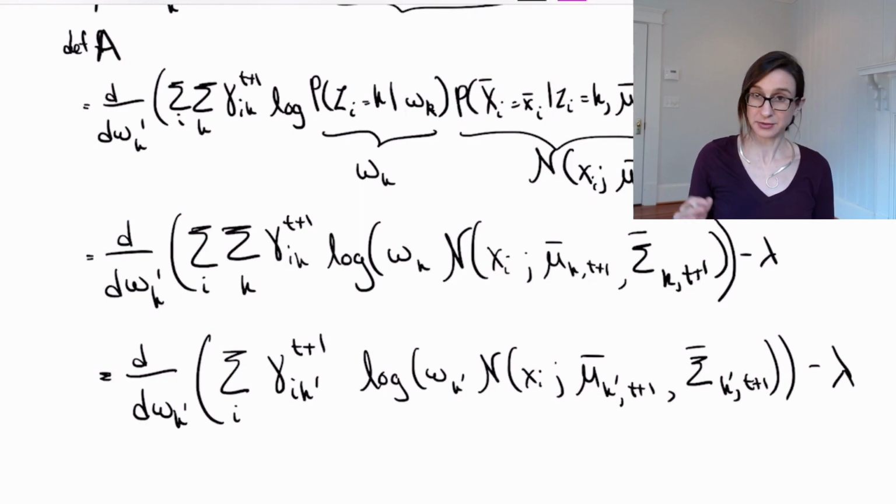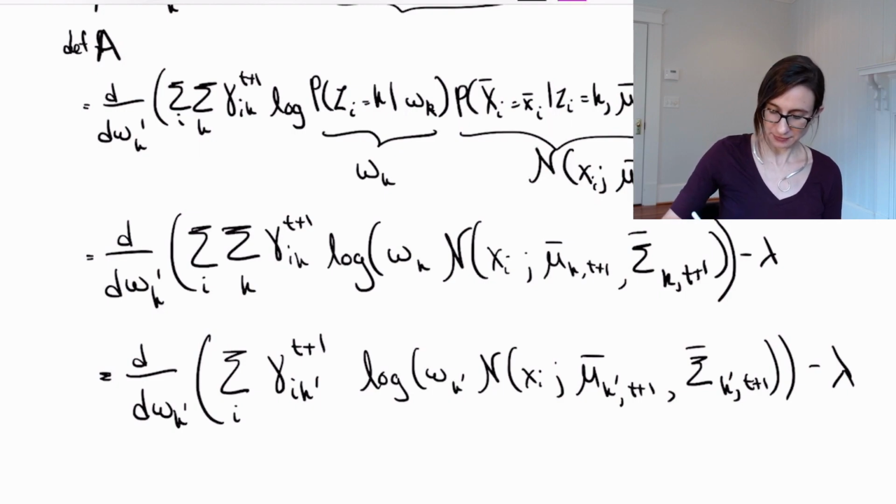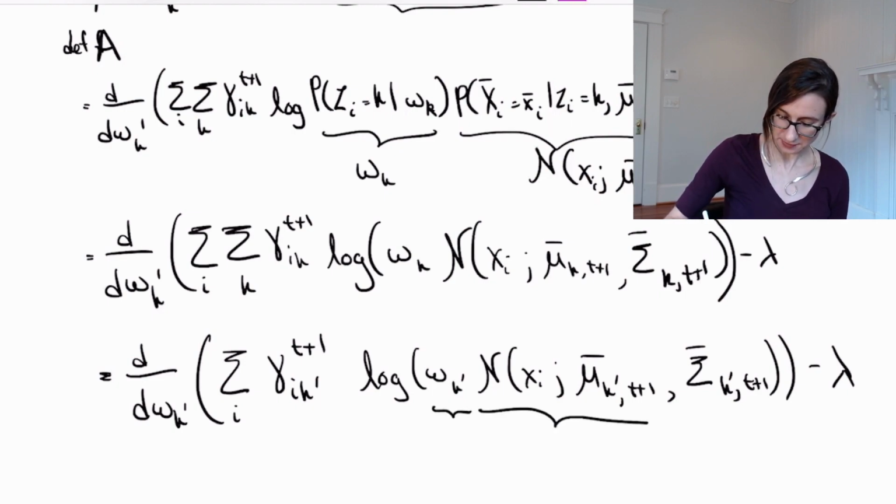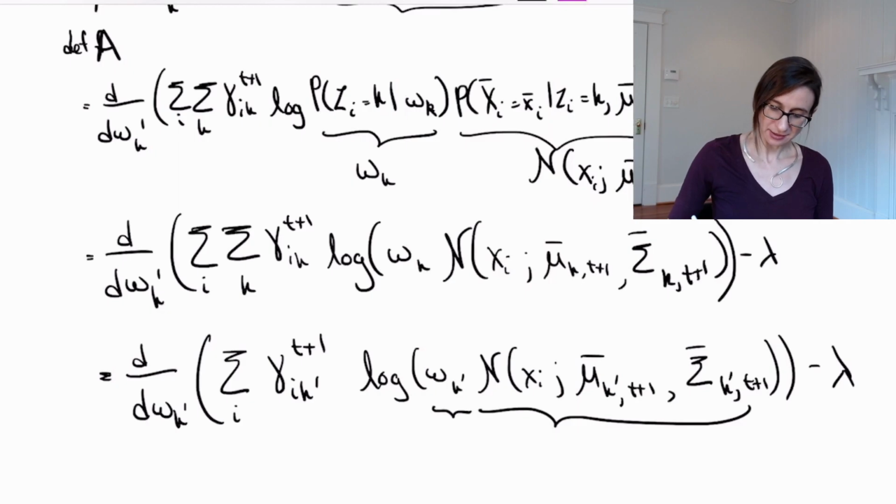Now it gets even easier because we have the log of this times that, and that's the same as the log of the first one plus the log of the second one. The second one doesn't depend on WK prime, so that term just gets wiped out.